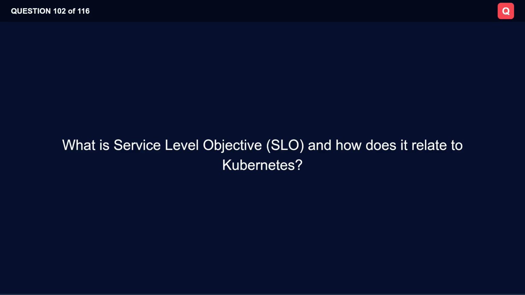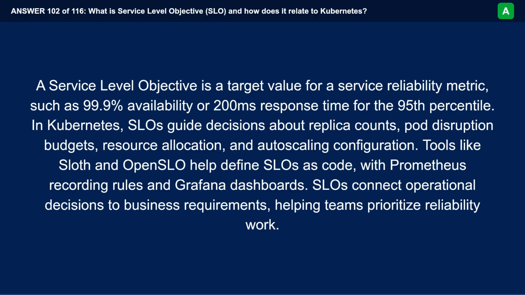What is a Service Level Objective (SLO), and how does it relate to Kubernetes? A service level objective is a target value for a service reliability metric, such as 99.9% availability or 200 ms response time for the 95th percentile.